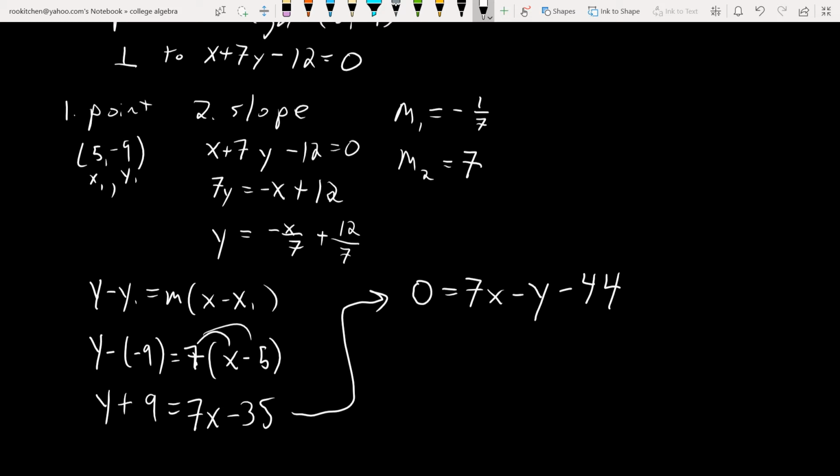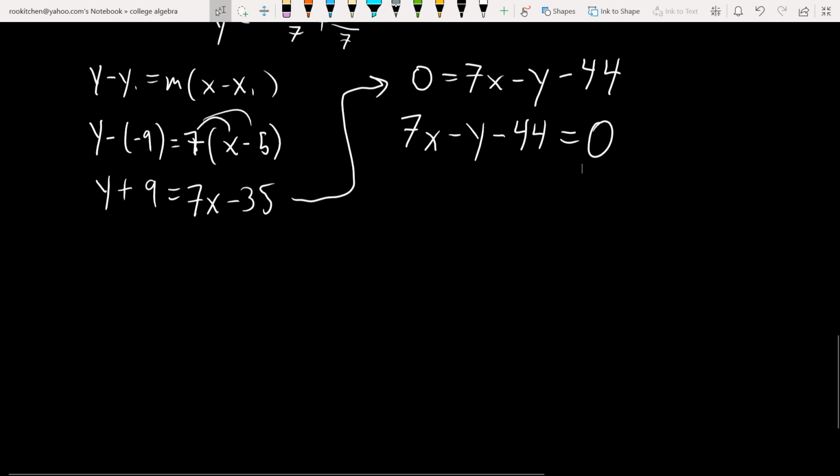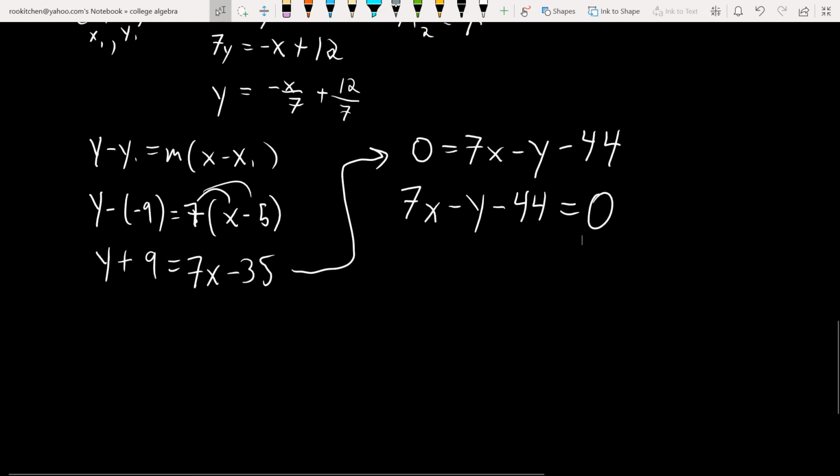And then I'm going to flip-flop sides. Okay, so we like to put the variables and constants on the left side. And you can always do that. You can always flip-flop sides. Okay, so there's the general form for the equation of a line that's perpendicular to the given line and goes to the point 5, negative 9.